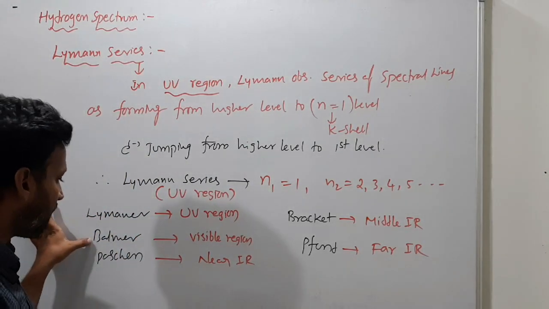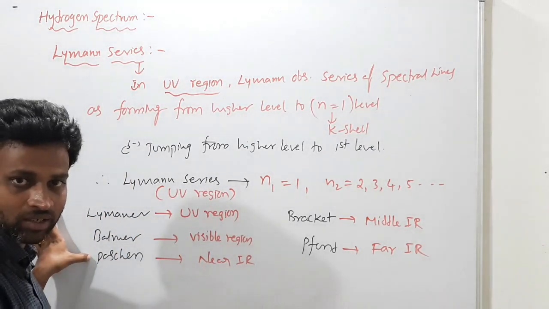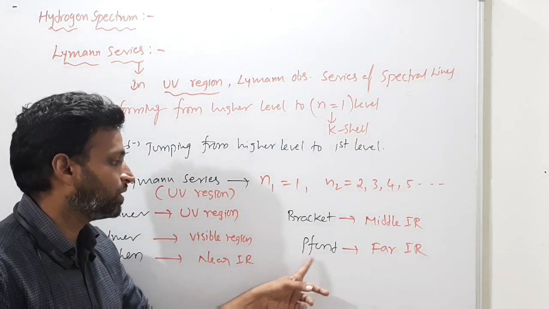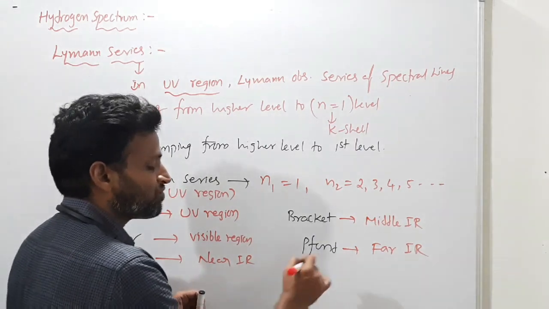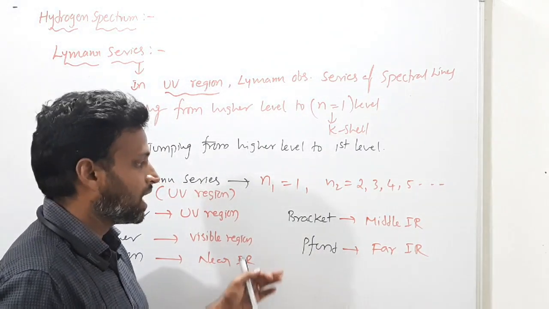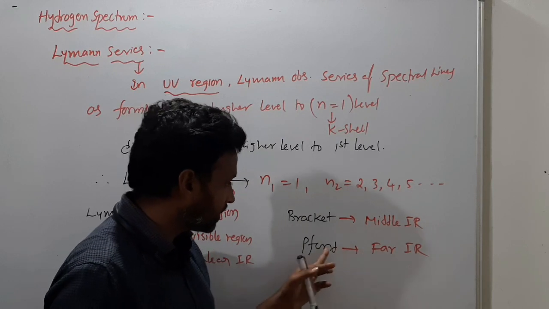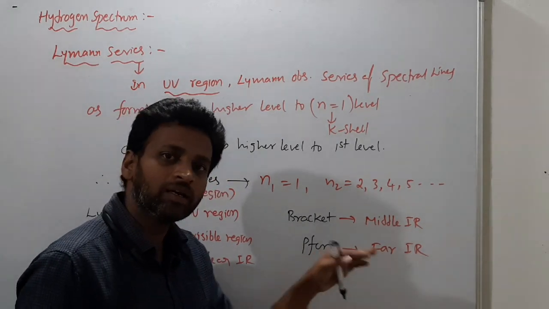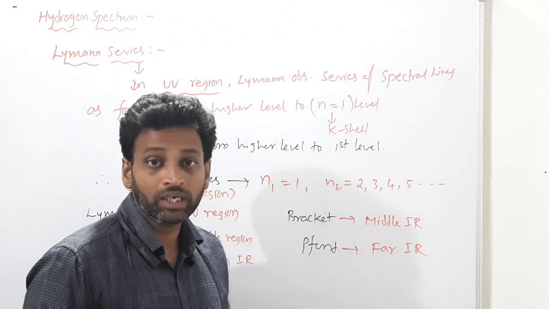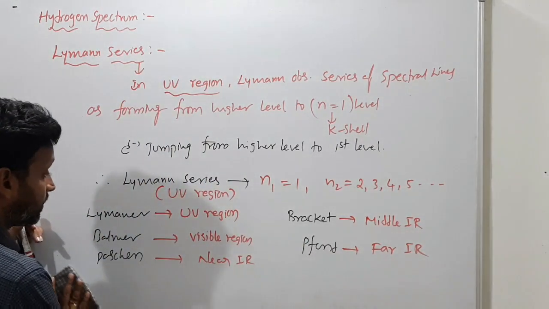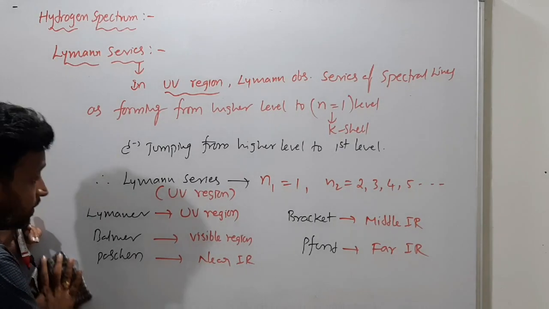First Lyman, Balmer, Paschen, Brackett, Pfund, and one more scientist is there, Humphreys. It's not necessary for us. Humphreys is also far infrared, starting after Pfund, Humphreys last. So these are all very important for us, and you should remember them.